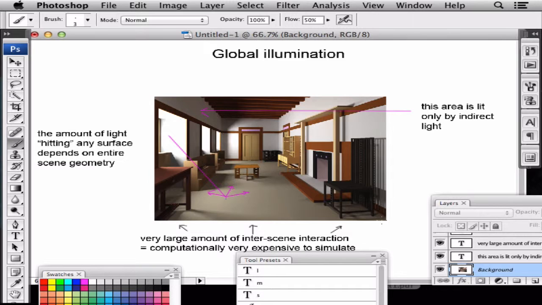As I said in the beginning, I think this image is ray traced, which is one technique to simulate global illumination. Ray tracing rarely happens in real time.